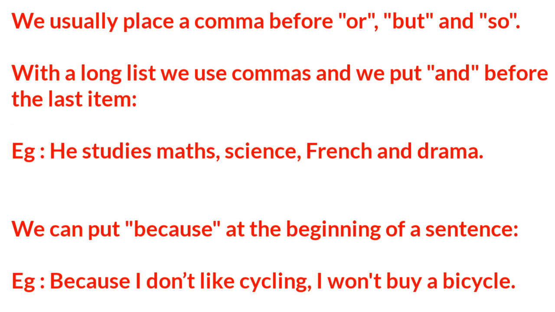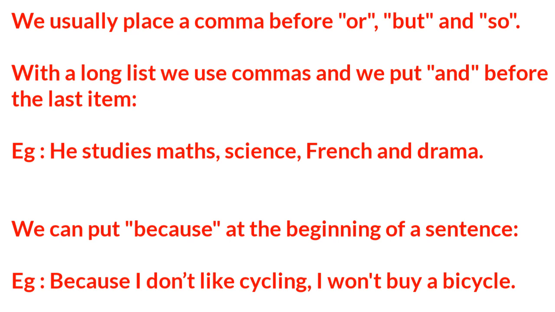We can put because at the beginning of a sentence. Usually, we give connectors in between the words in a sentence, but we can use a connector at the start of the sentence also. Okay, we can put because at the beginning of a sentence also. Look at this example. Because I don't like cycling, I won't buy a bicycle.